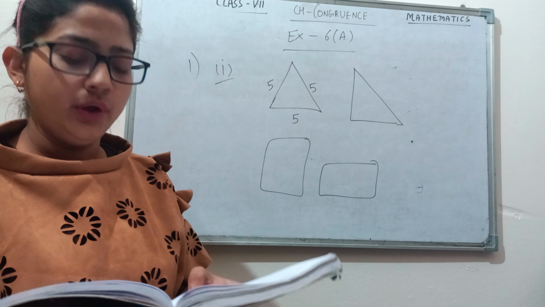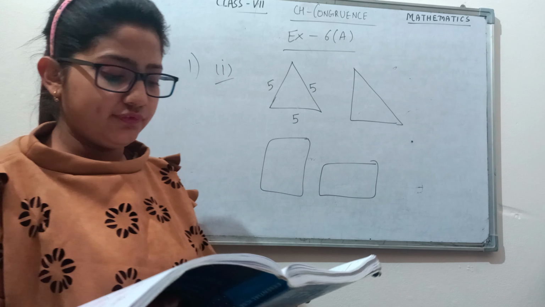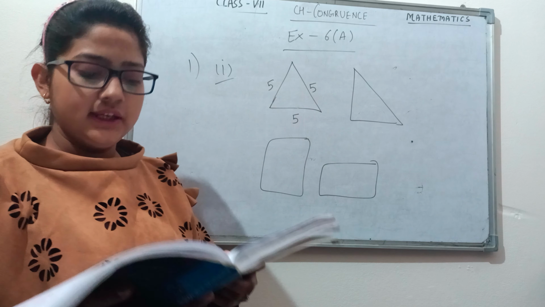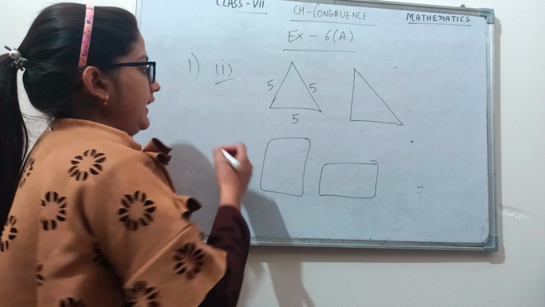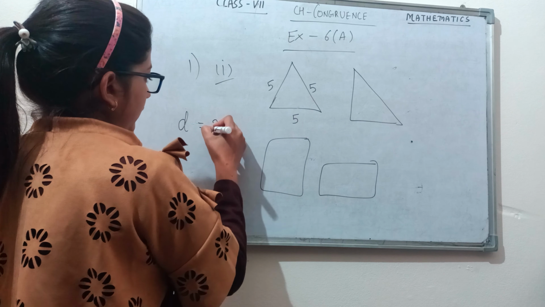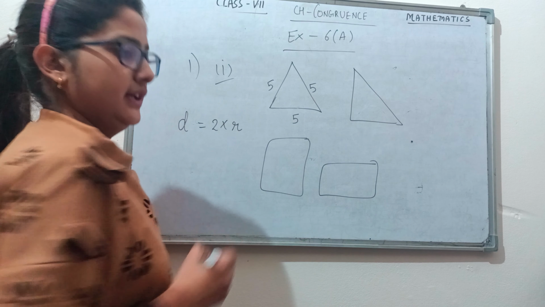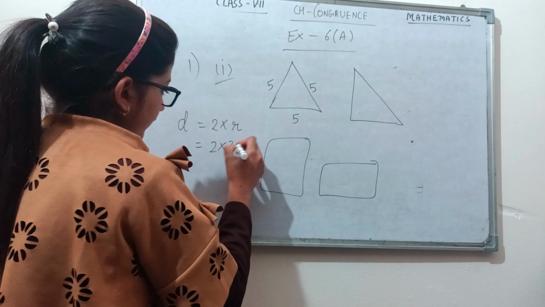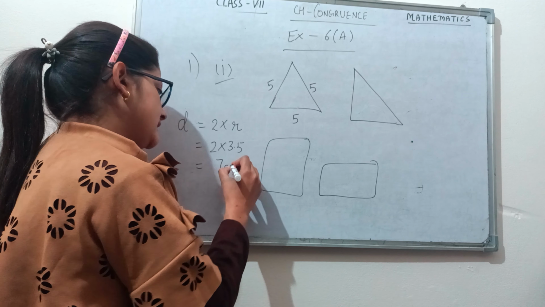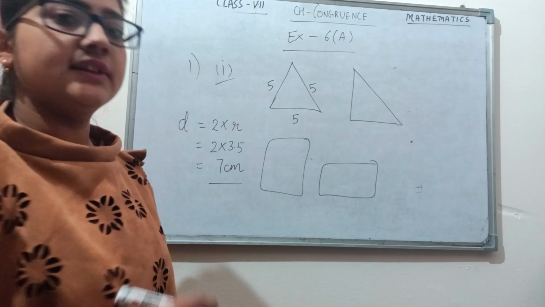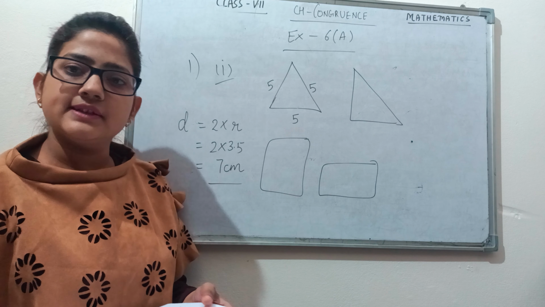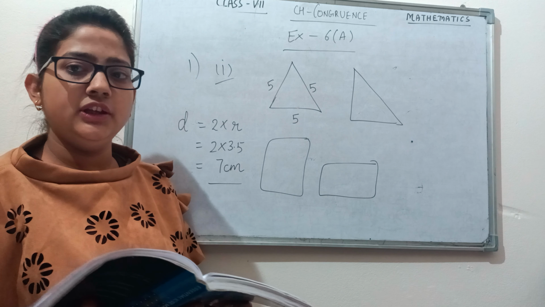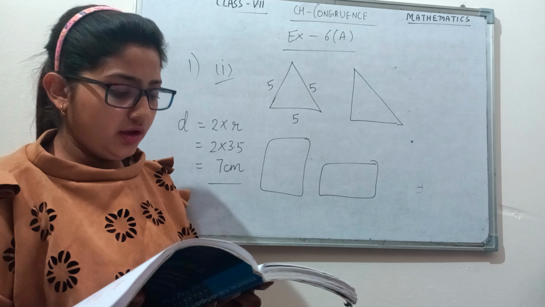Yes, it is true, because if the radius of one circle is 3.5, then its diameter will be 2 into radius. Diameter is double of radius, that is 2 into 3.5, which is equal to 7 centimeter. This means the diameters of both circles are the same, so the two circles are congruent.